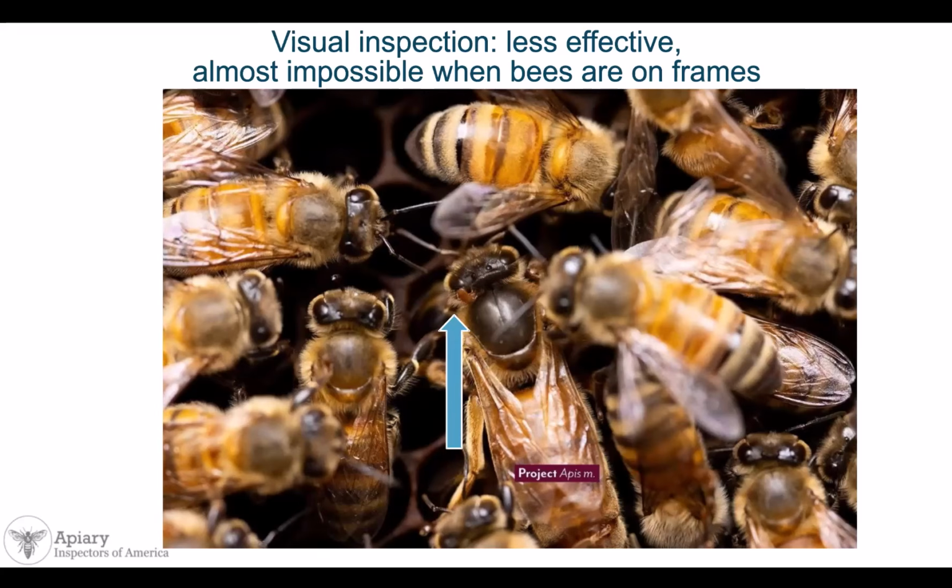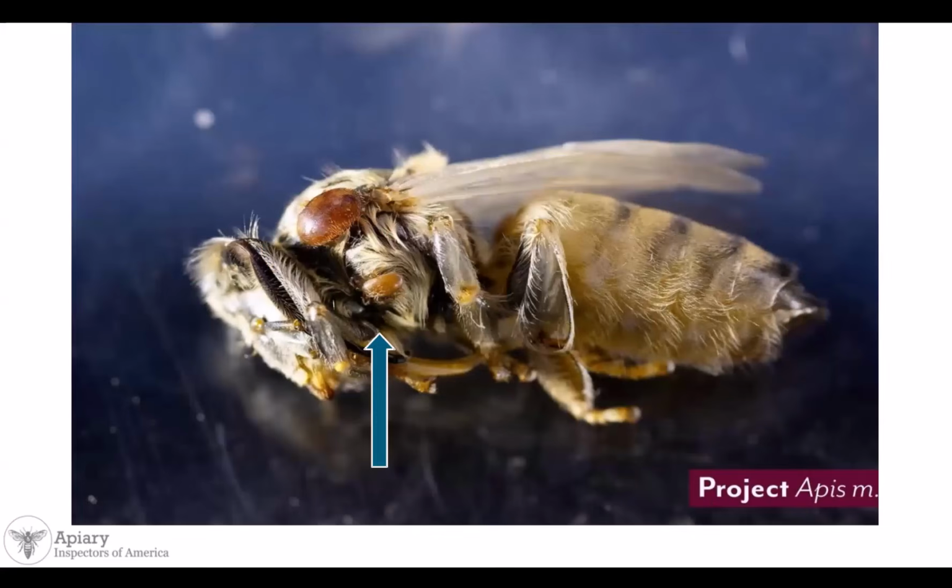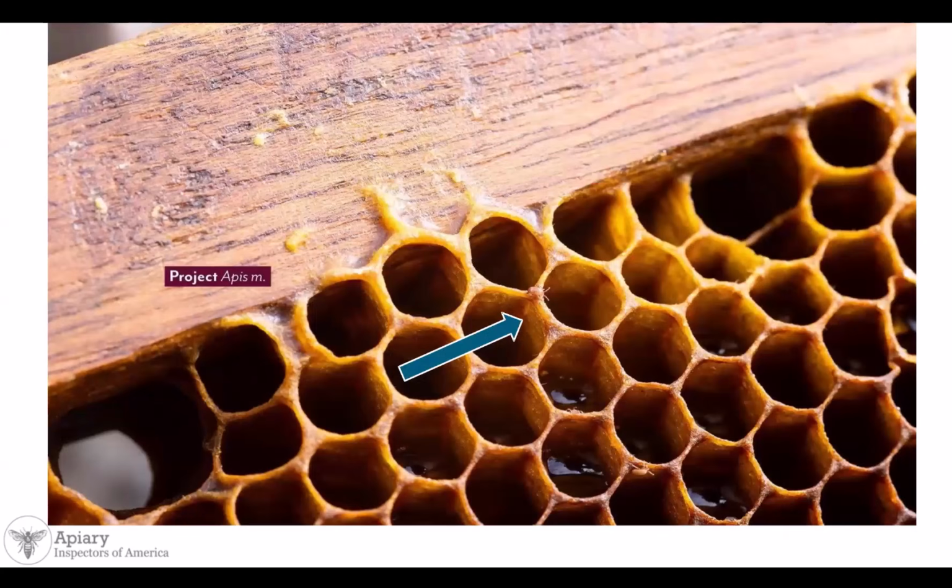So probably by the time you've seen them visually, it's probably a pretty bad infestation. Here's one running on a frame. Also, this bee's having a bad day, it's got a Varroa and a Tropi mite on it. But remember, when they're on the bee, they're not actually feeding. They're just hitching a ride to go find somewhere to feed. Another one just hanging out on a frame.